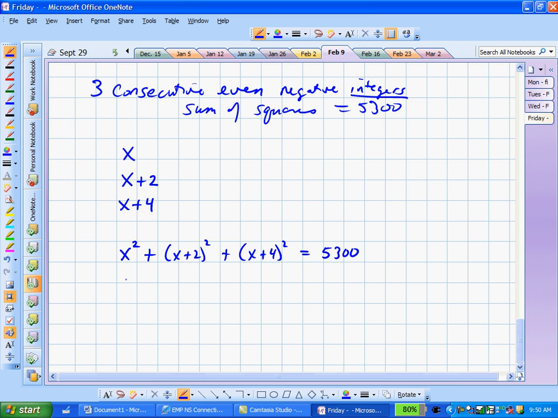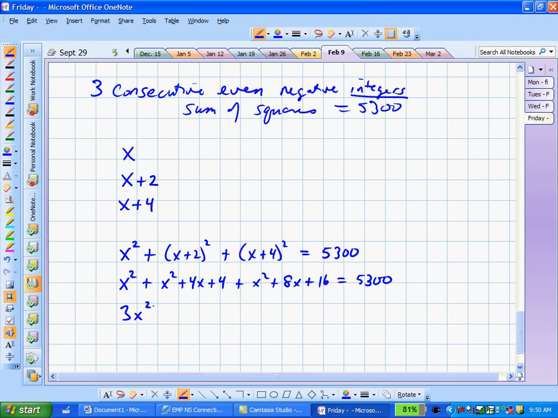So what do we get? x squared plus x squared plus 4x plus 4, plus x squared plus 8x plus 16 equals 5,300. Looking fine? Yep. All right, we're going to simplify it.